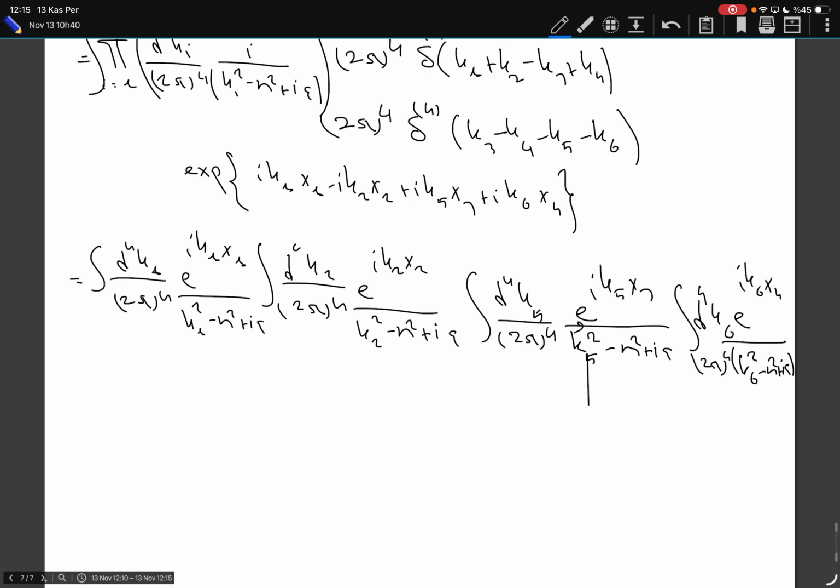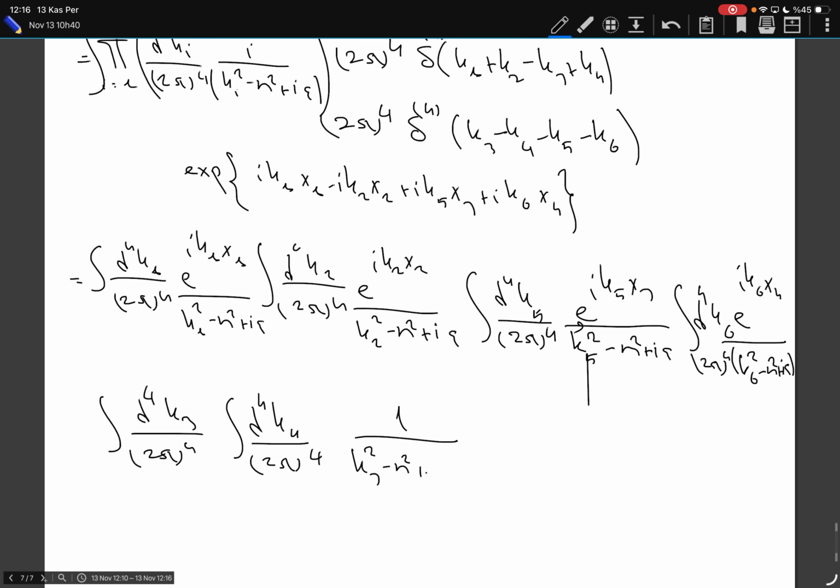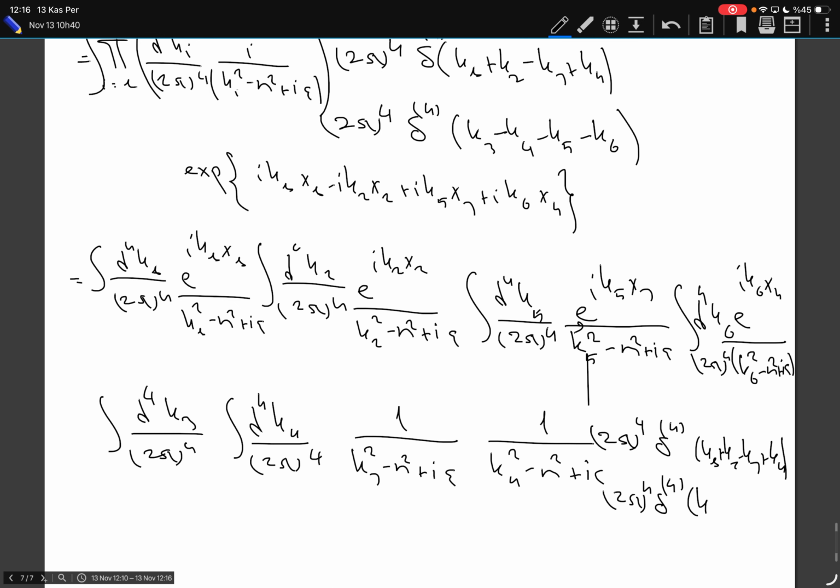Now, what remains is d4k3 and d4k4, and 1 over k3 squared minus m squared plus i epsilon, 1 over k4 squared minus m squared plus i epsilon, (2 pi) to the 4, Dirac delta to the 4 of k1 plus k2 minus k3 plus k4, (2 pi) to the 4, Dirac delta to the 4 of k3 minus k4 minus k5 minus k6.